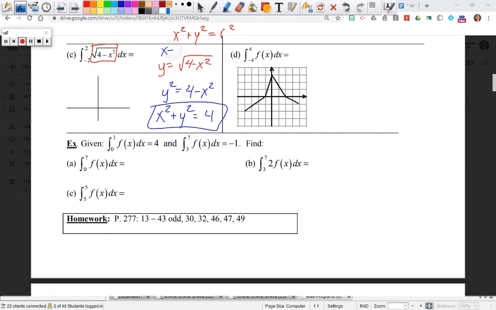Technically, this is the equation of a circle. Why do I have h and k? The coordinates. If it was x minus 3, then it's going to be at 3. If it was y plus 5, it's going to be at negative 5, because everything in parentheses, we interpret the opposite.